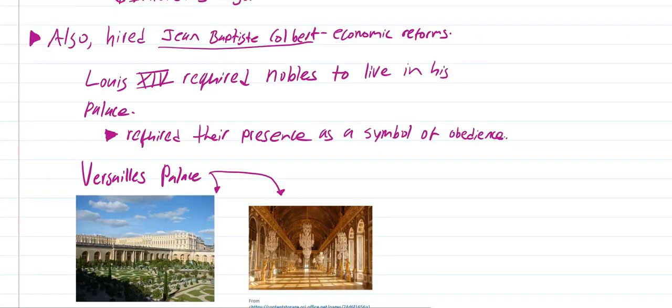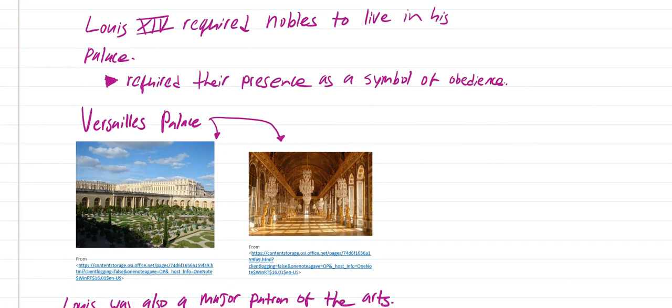Now, let's take a look real quick at this. The Versailles Palace, as you can see, was nothing short of completely amazing. It had running water. It had these gardens that you can see here. I mean, it truly is just the most fantastic structure that you probably would ever see. I've never been there, but you can see the images here speak for themselves. I have been to the Biltmore in Asheville, North Carolina, and this here would probably be so much bigger and more extravagant than that.